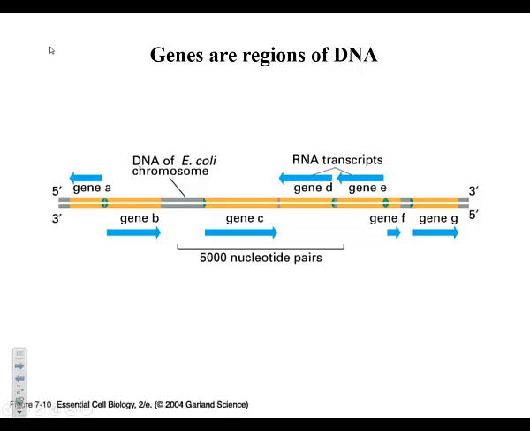So let's take a closer look at what genes are and what we understand about some of this intervening sequence of DNA that's important for genes and gene expression. So here in this figure you can see this is part of a bacterial chromosome. You can see that the genes are organized on each strand in an anti-parallel manner.